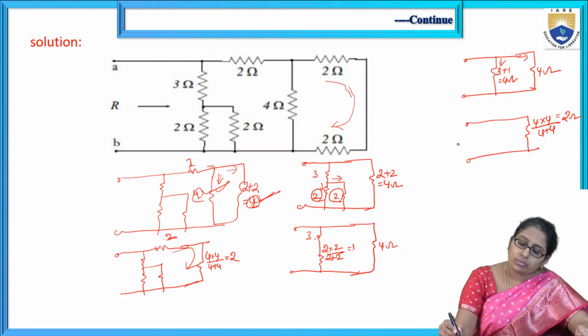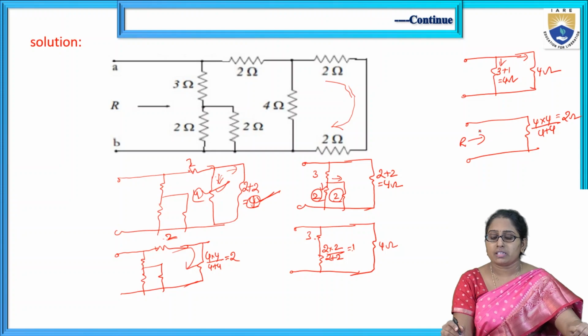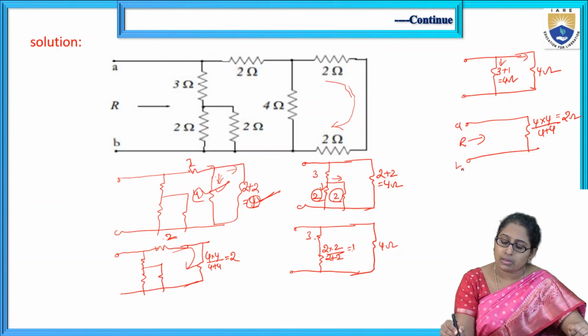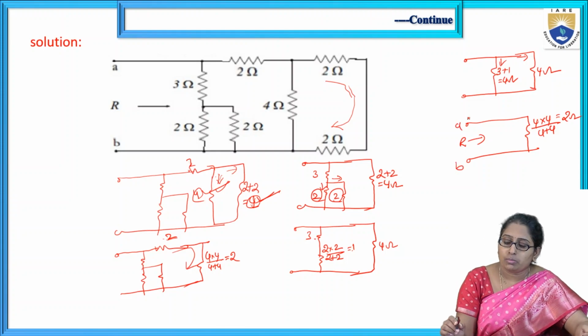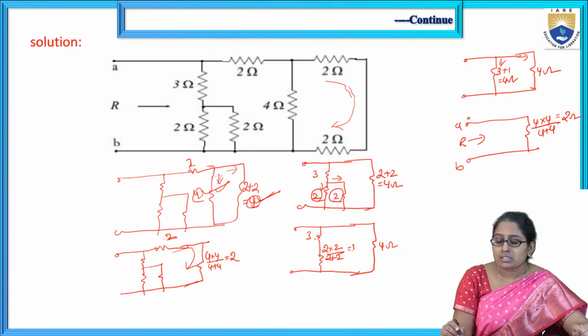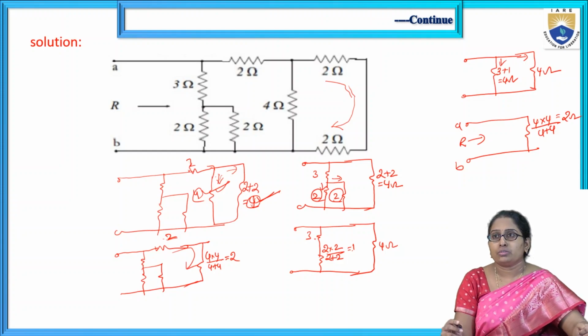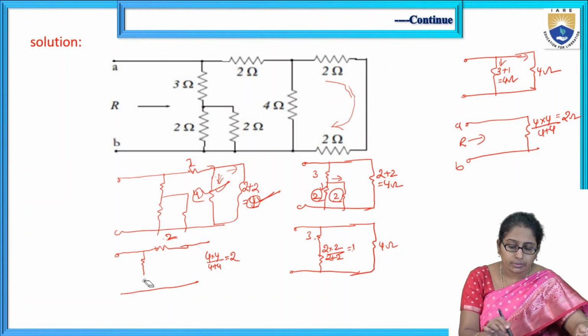So finally, what is the answer? The equivalent resistance for the given circuit, terminals AB, is given by 2 ohm. For this circuit, the R equivalent is 2 ohm. That value is also mentioned in the previous slide. So the answer is obtained.